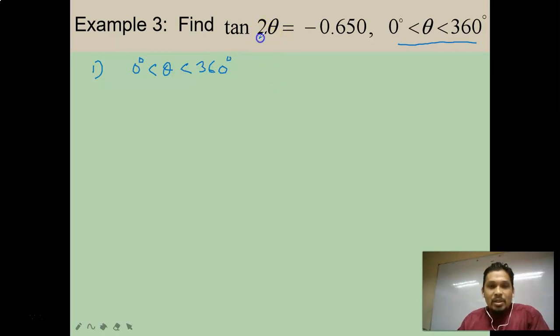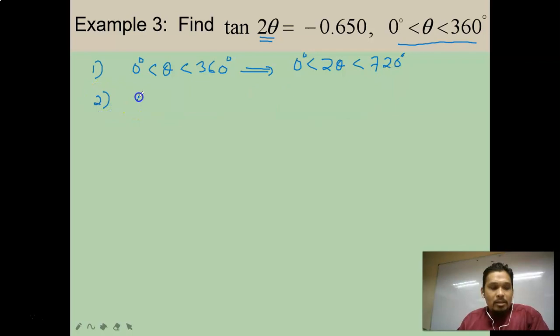So look at this one, tangent of 2 theta. 2 theta, 2 times 0 is still 0 degree, and up to 360 times 2, 720 degree.